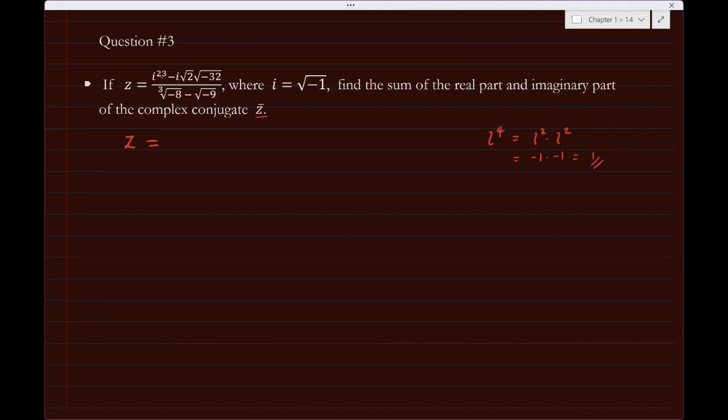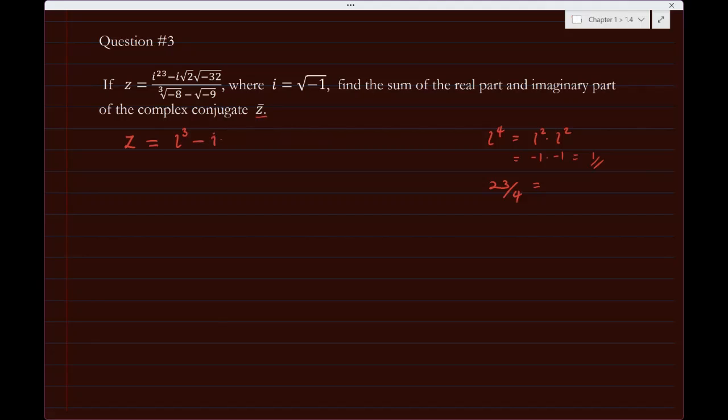So if we want to find i to power 23, all you need to do is divide 23 by 4. If you divide 23 by 4, it will enter 5 times, and there will be a remainder of 3. So this i to power 23 is the same thing as i to power 3, which is the remainder when you divide 23 by 4.